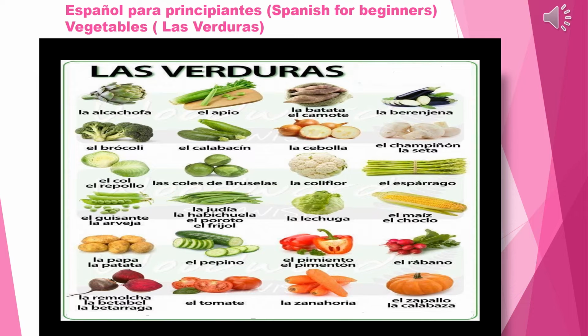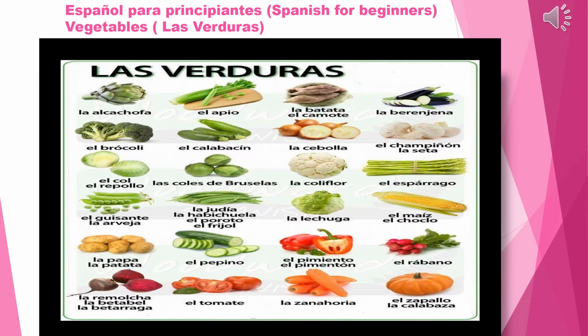It is pea. It's not beans, because beans is going to be the next. It's la judía, la habichuela, el poroto, el frijol. That one is beans. In Kenya, we call them French beans because they're in a pod, and then you have to open the pod, then you get them out.